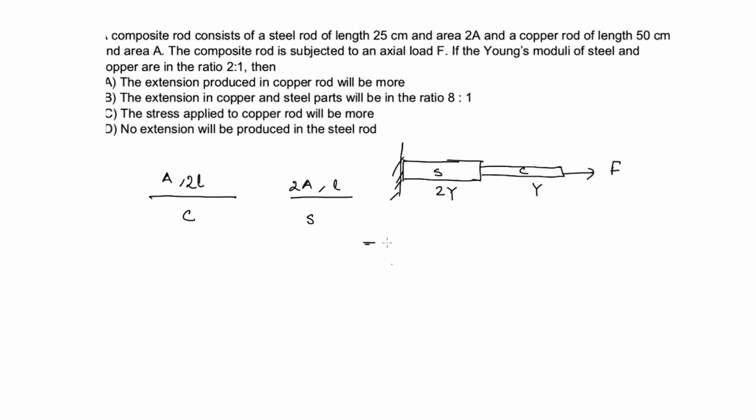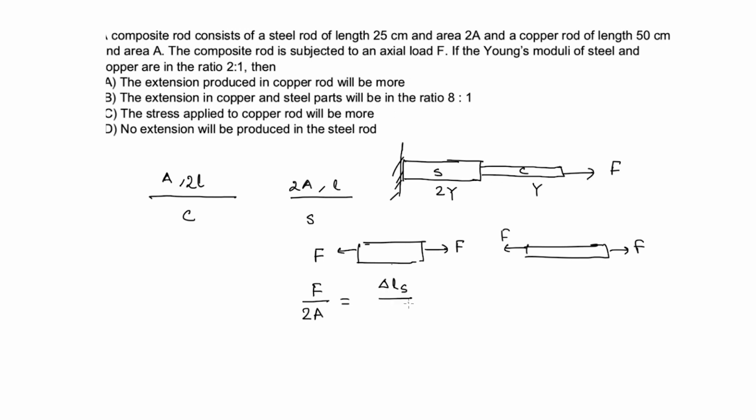Let us try to draw the free body diagram of steel and copper separately. For steel, the force is F. For copper, also the force is F. For steel, I can write F by 2A is equal to delta L of steel by L into Y of steel, which is 2Y, and for the copper rod we can write F by A is equal to Y into delta L of copper divided by 2L.